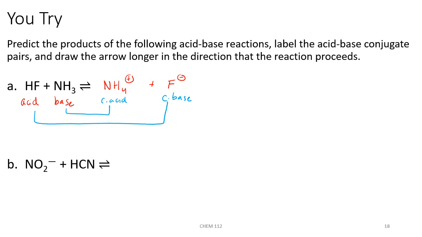And now let's look at both of our acids individually using our chart to see which is the stronger acid. So we want to identify where HF and where NH4+ are on the same side under the acid. And HF is much higher on the left side than NH4+, so HF would be our stronger acid.